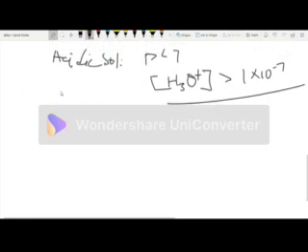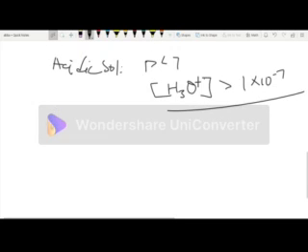So with the neutral solution, right, what do we have there? This is supposed to be pH right here. The pH, like that.